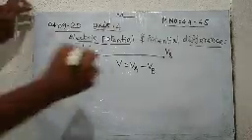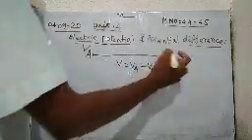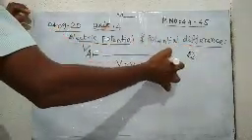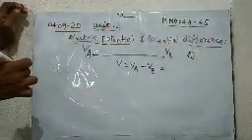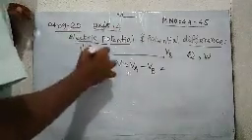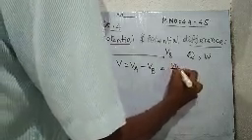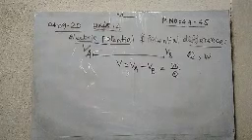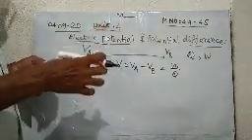If a charge of Q coulomb is moved from the point B to A, and we do an amount of work W, then the potential difference between the 2 points A and B, VA minus VB, is equal to W divided by Q, where W is the amount of work done and Q is the amount of charge which is moved.